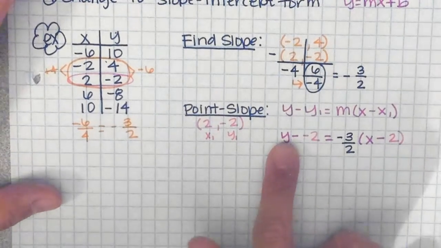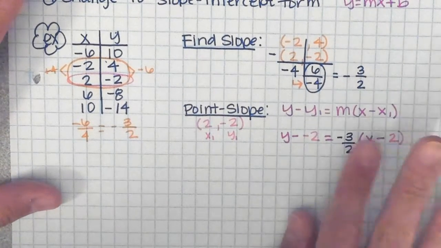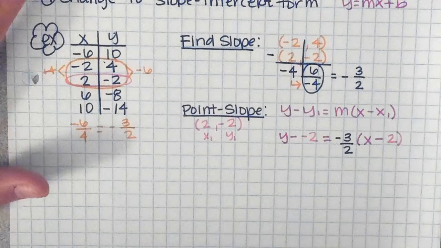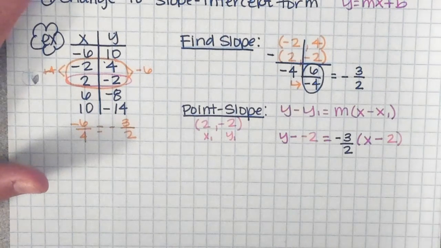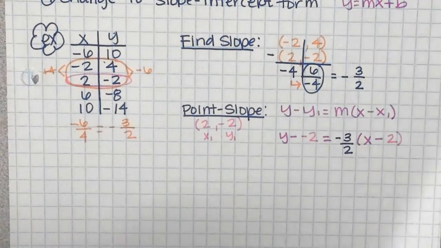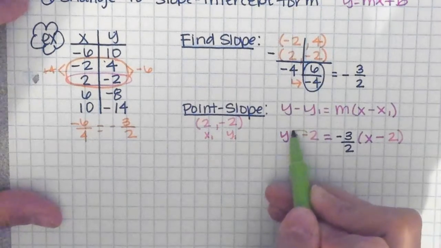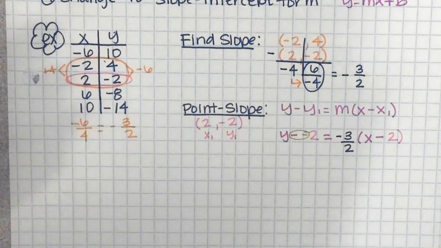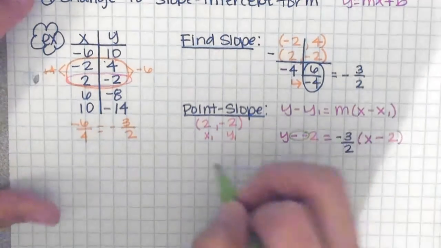All right, while this is not incorrect, we do want to make it a little prettier. And what I mean by that is we don't normally see two signs next to each other like that, whether it's plus or minus, plus plus, or negative minus, minus negative. So we got to prettify that, make it pretty.